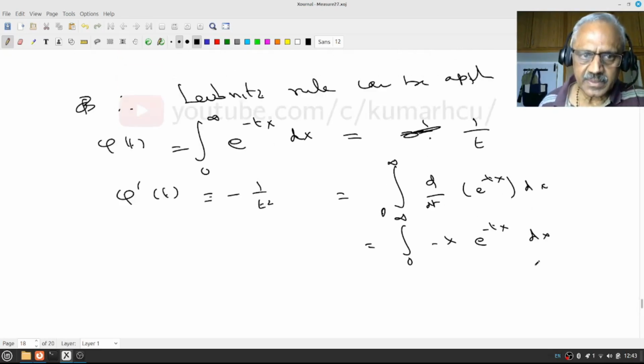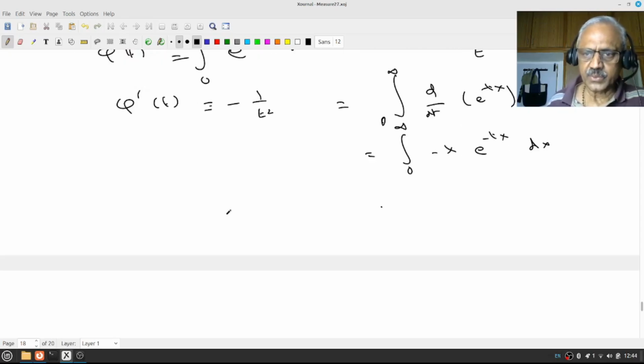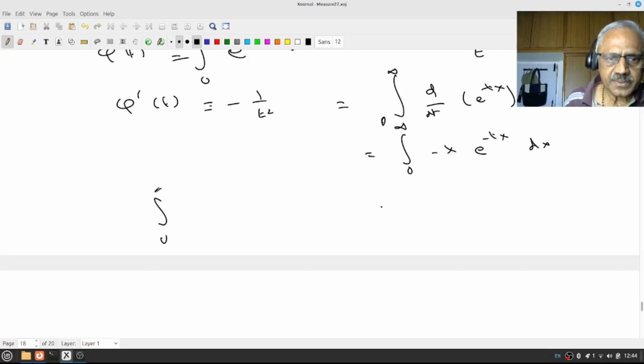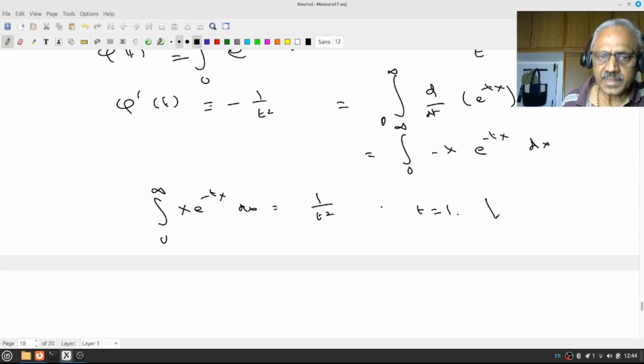I don't know whether I made some mistake. So this is a minus sign. Okay, this minus sign will cancel. Therefore you have shown that 0 to infinity of x e power minus tx dx is 1 by t square. Therefore when I take t equal to 1, what I get is 0 to infinity of x e power minus x dx equal to 1.